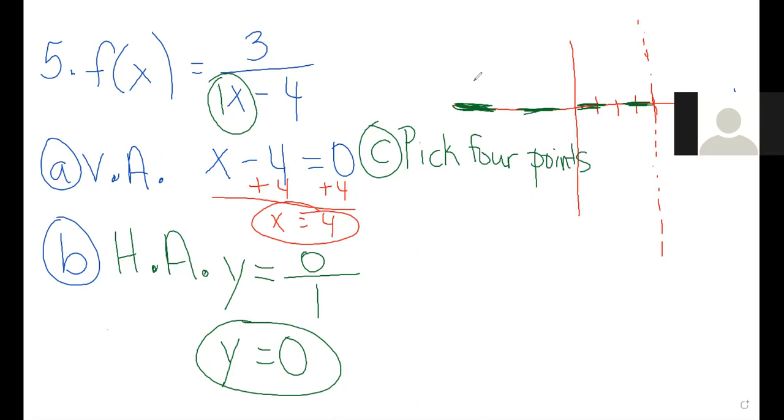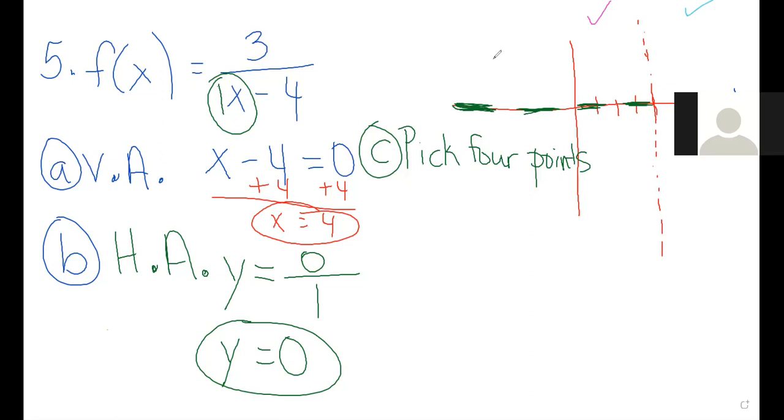You essentially have 2 sides. You have the left side on the side of that vertical asymptote, and then you have this side over here, the right side of that vertical asymptote. So since you have 2 sides, I'm going to pick 2 points on the left and 2 points on the right.